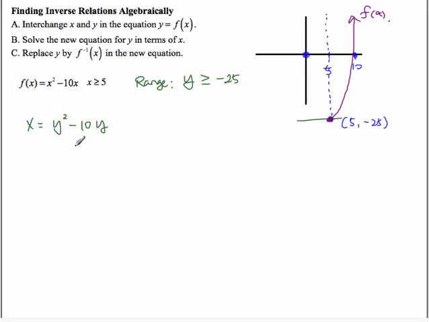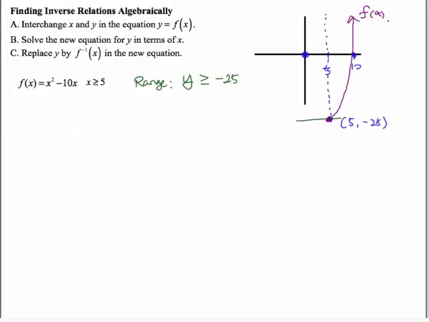If you didn't know how to complete the square, or if you don't want to, there's another way. Because you know the vertex and you know the a value is 1, you can simply write this function in vertex form, and that would be the same. So you've now completed the square, or at least you got to the same place.